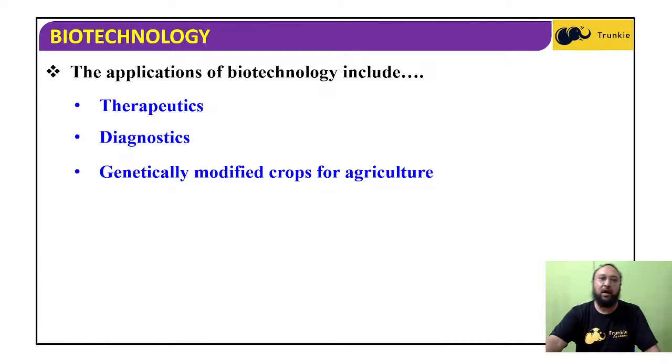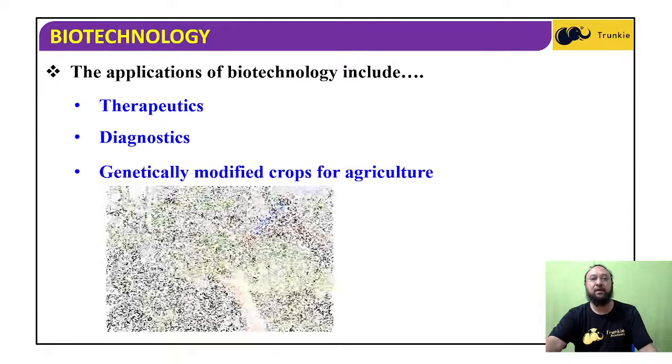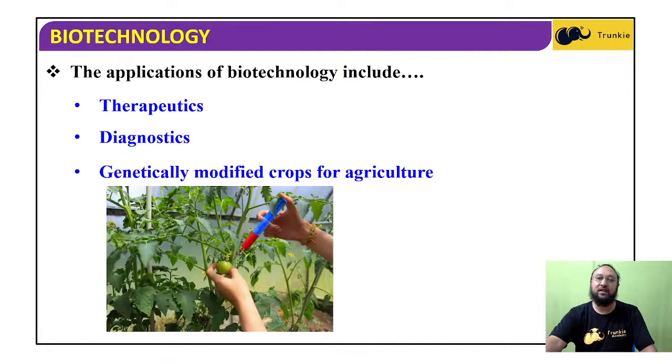That is for our interest and for the benefit of human beings. That is genetically modified crops for agriculture.